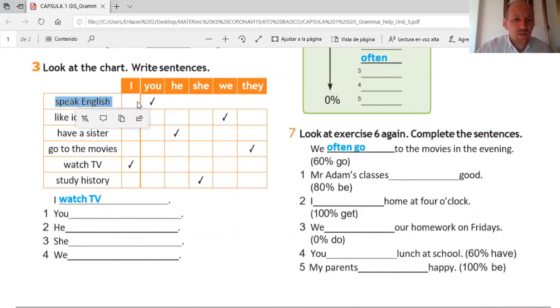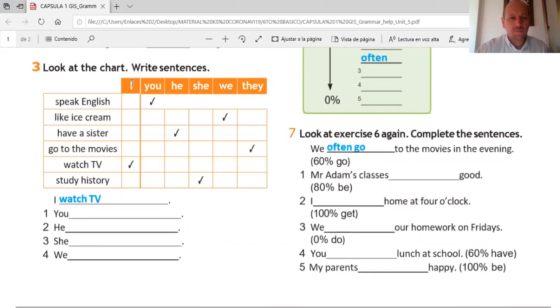Speak English. ¿Quién lo hace? You. Like ice cream? We. Have a sister? He. Go to the movies? They. Watch TV? I. Study history? She. Example.